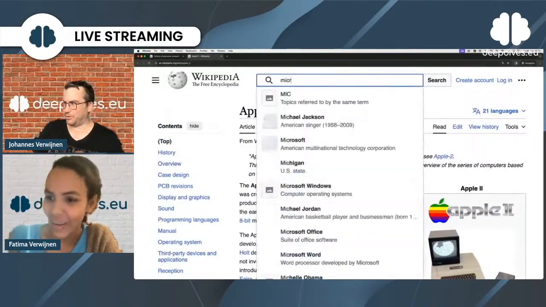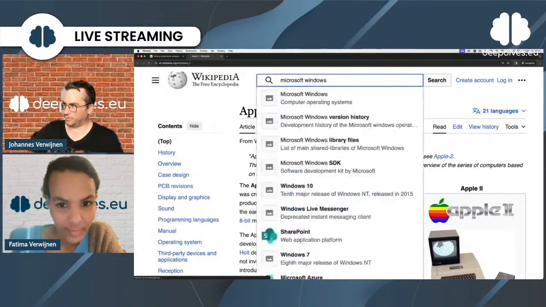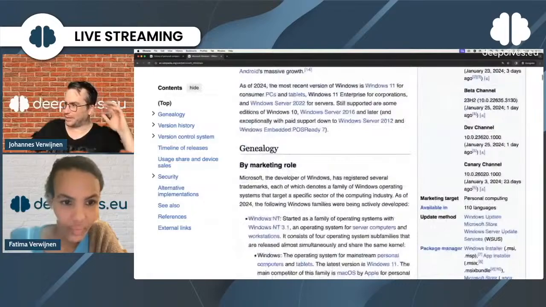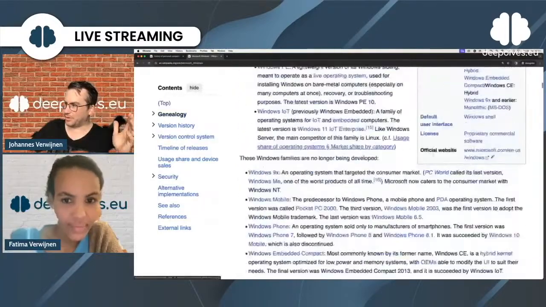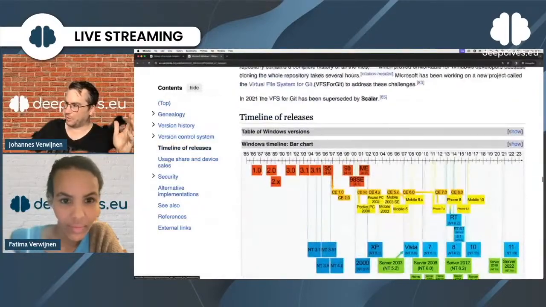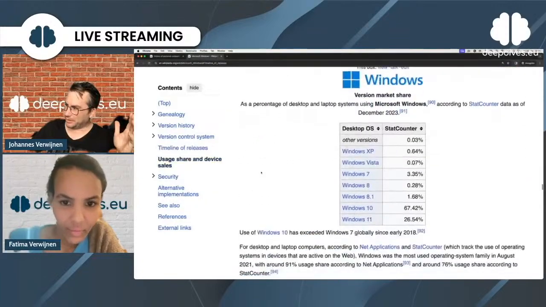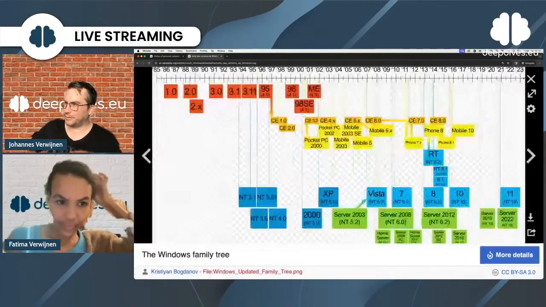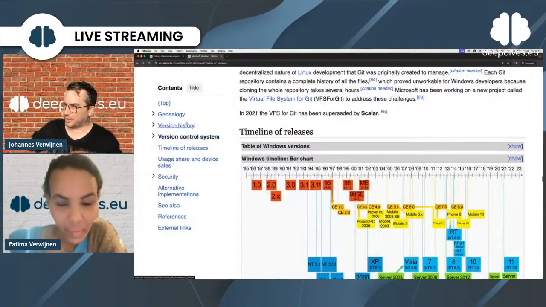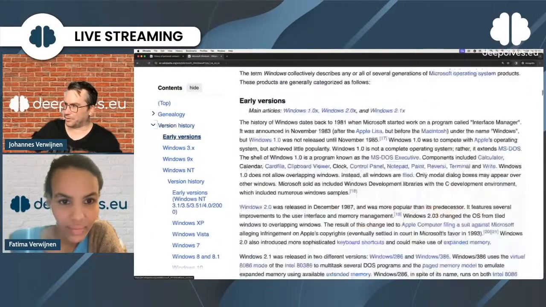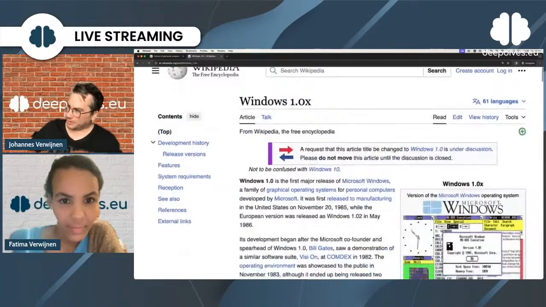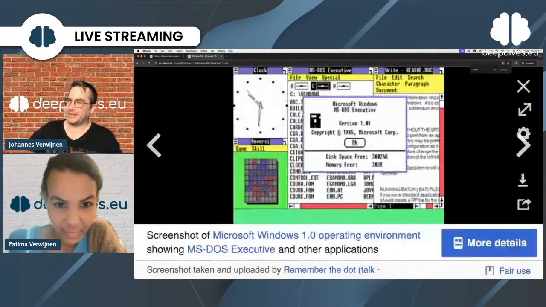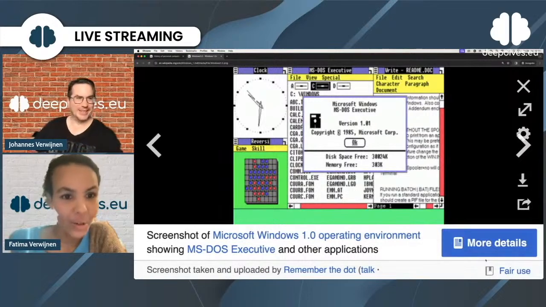Let me quickly show you what Microsoft Windows 1.0 looked like, because you might think that it's something similar to what we know. But where do we have it? No, there should be some version history here, early versions. Yes. So this is what version 1.0 of Windows looked like. Looks very retro.